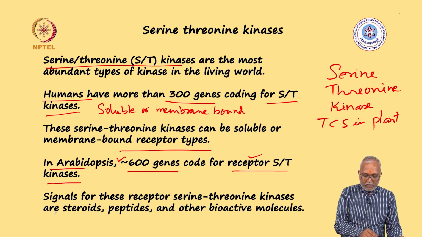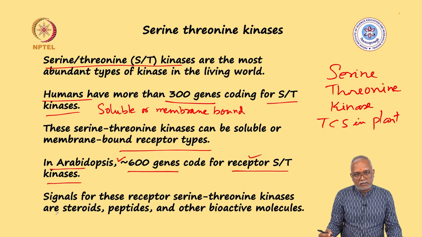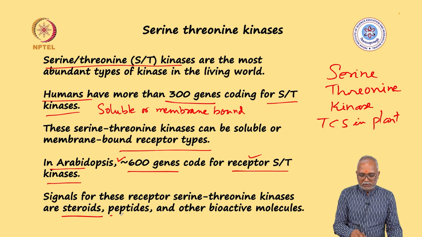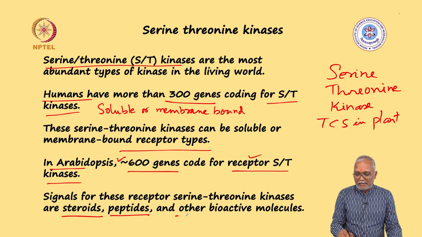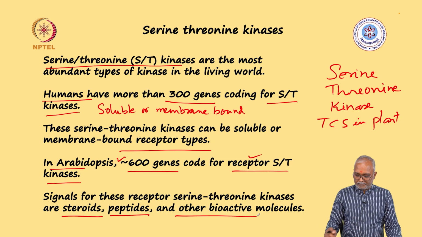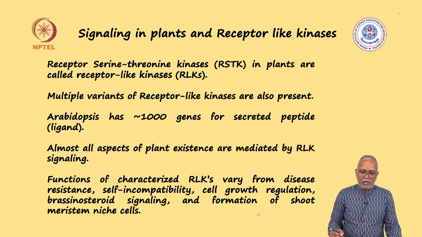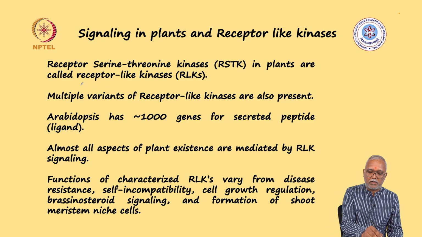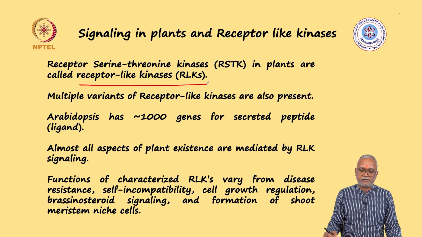There are genes which actually code for multiple of the signals. And what are the signals for these serine-threonine kinase? These are steroid hormones, small peptides, and other active molecules. These serine-threonine kinases in plants are also called receptor-like kinases.